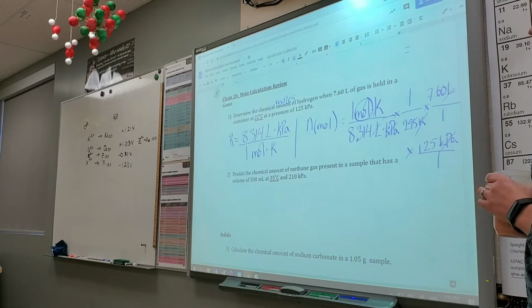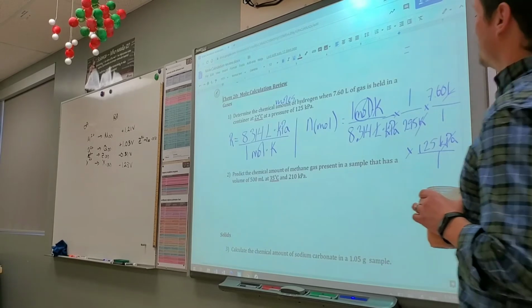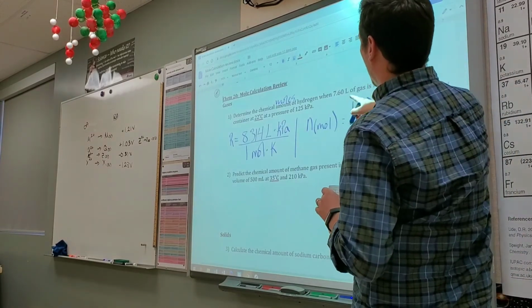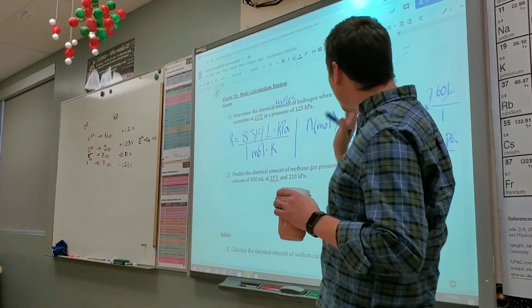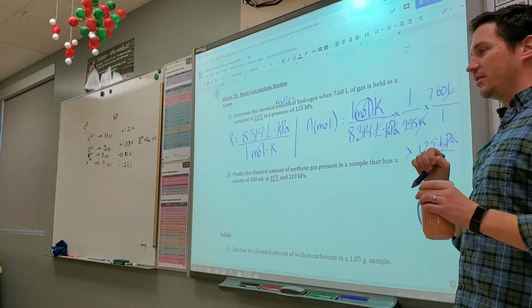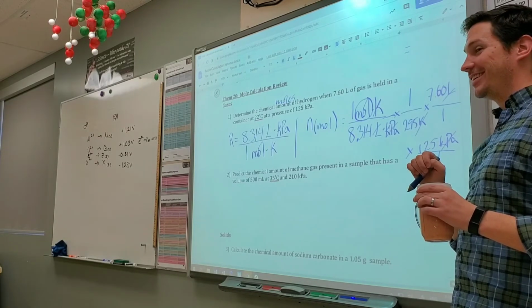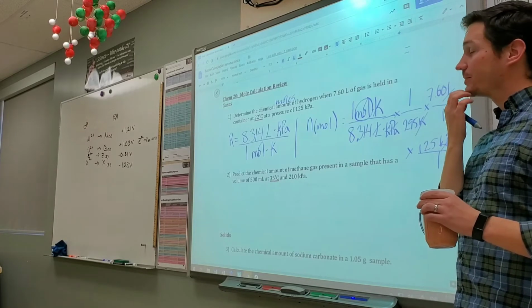Is it 0.2 moles or something like that? 0.38 moles. Good. Okay, so how many significant digits do we have? 3. We have 3. Why 3?